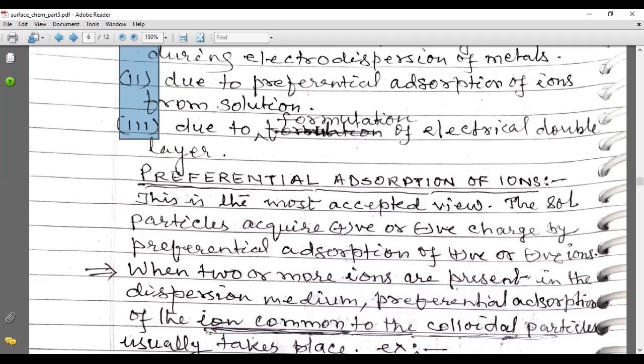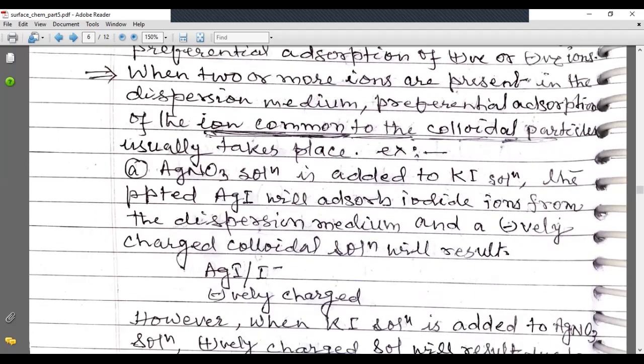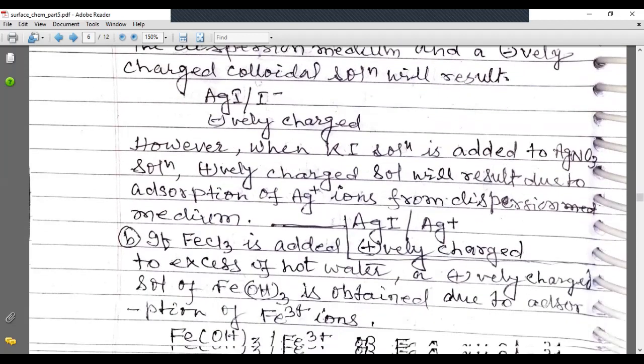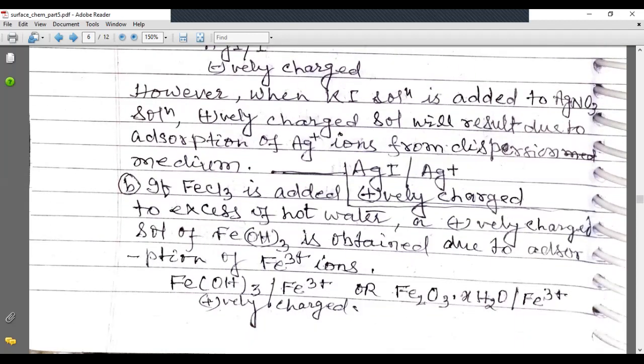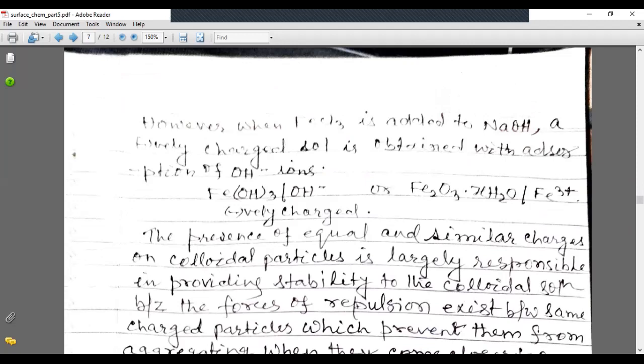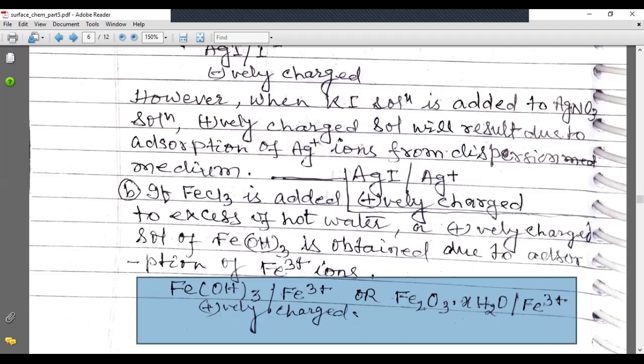The second example is if FeCl3 is added to excess of hot water, a positively charged sol of Fe(OH)3 is obtained due to adsorption of Fe3+ ion. Fe(OH)3/Fe3+ or Fe2O3·xH2O/Fe3+.